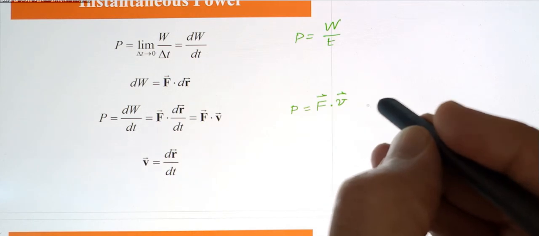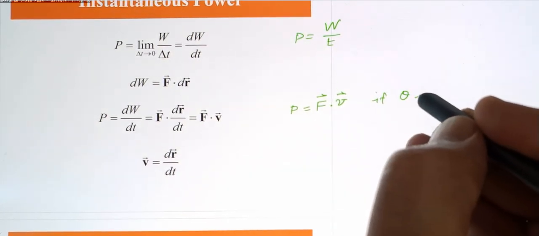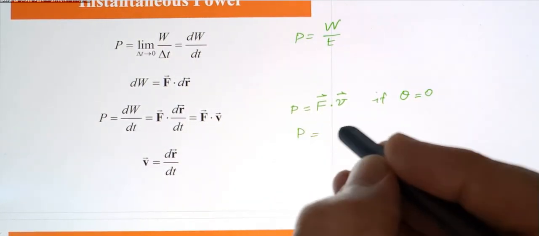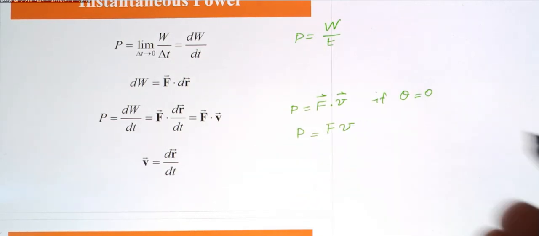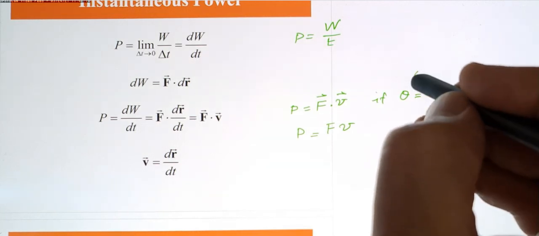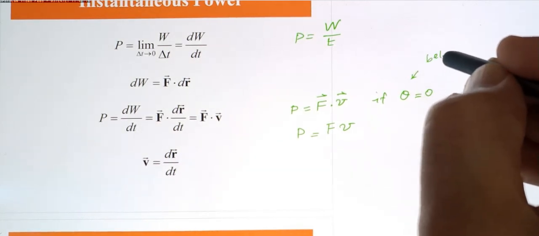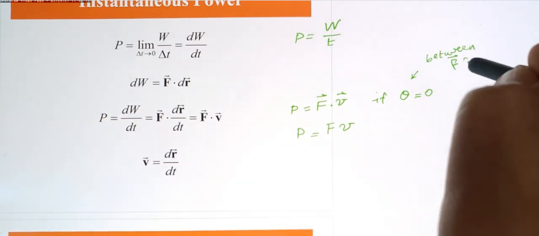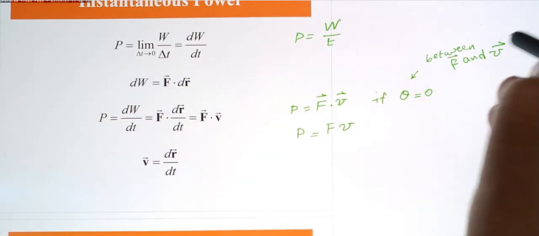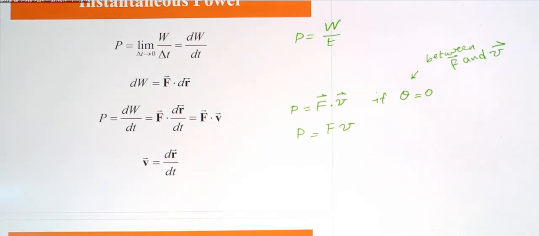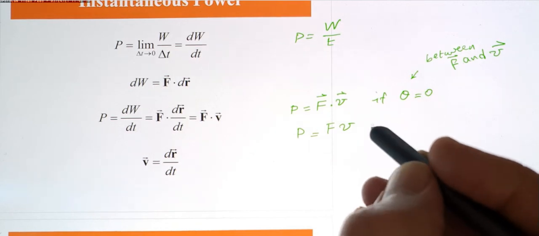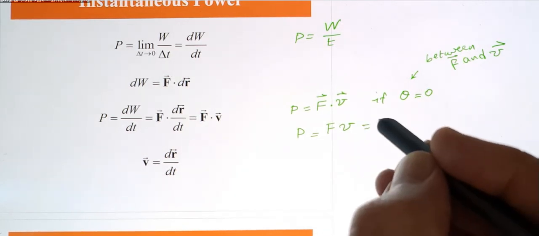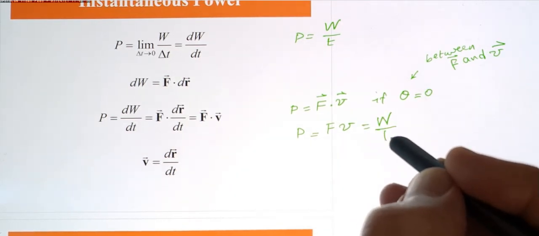If theta is equal to 0, power is nothing but Fv, where theta is the angle between F and V. So if the angle is 0, power is equal to force multiplied by velocity, and also work divided by t.